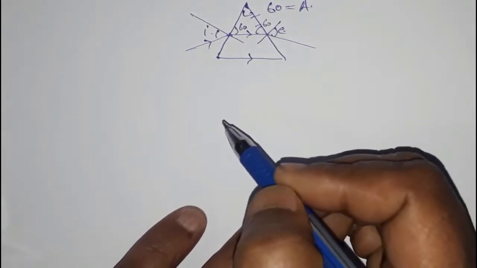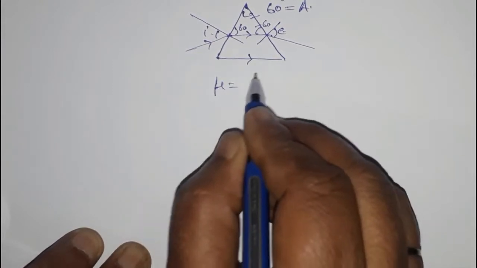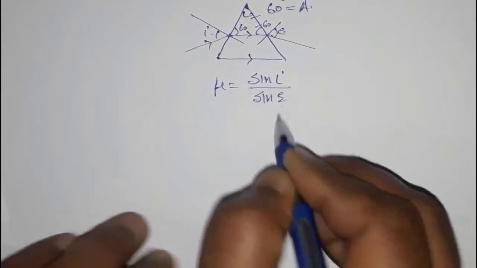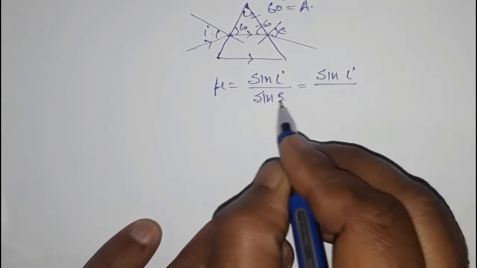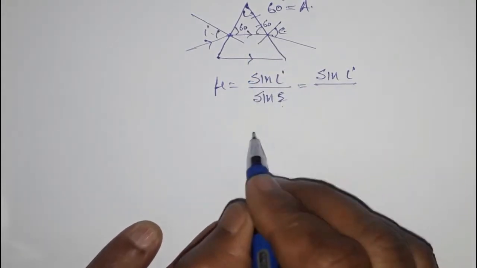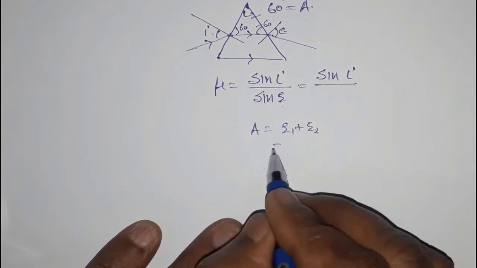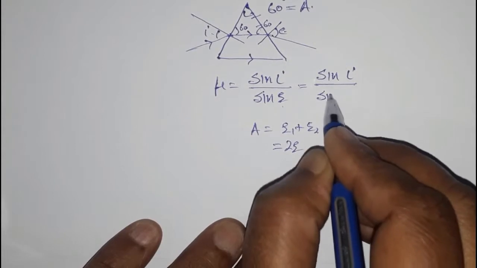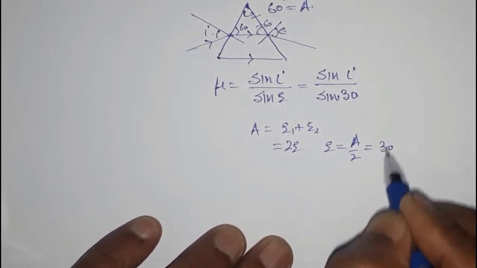And you know that mu is equal to sine I by sine R. In case of minimum deviation, A equals R1 plus R2, these two are equal, that is 2R, so R equals A by 2, that is 60 by 2, which is 30 degree.